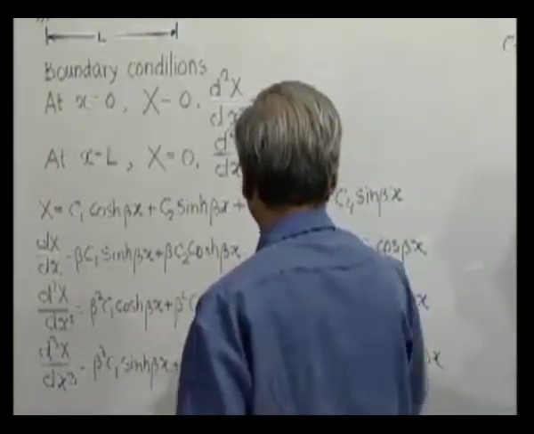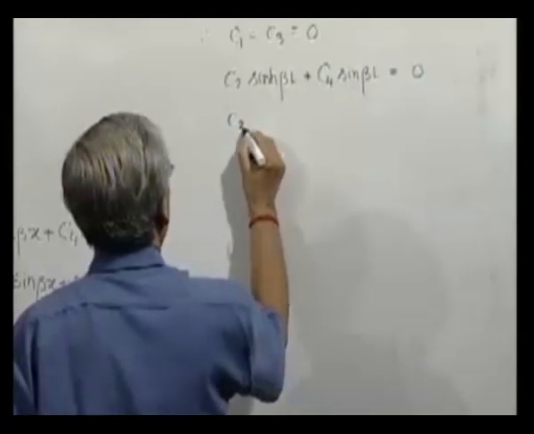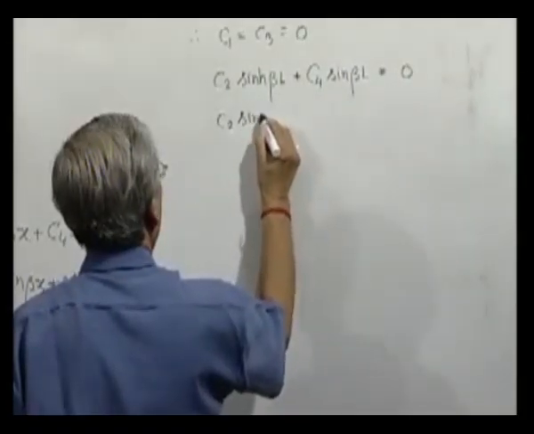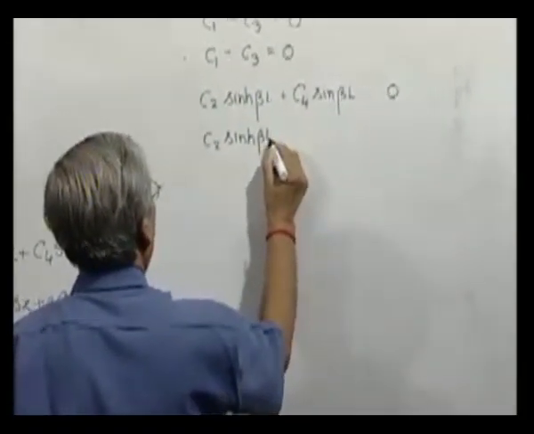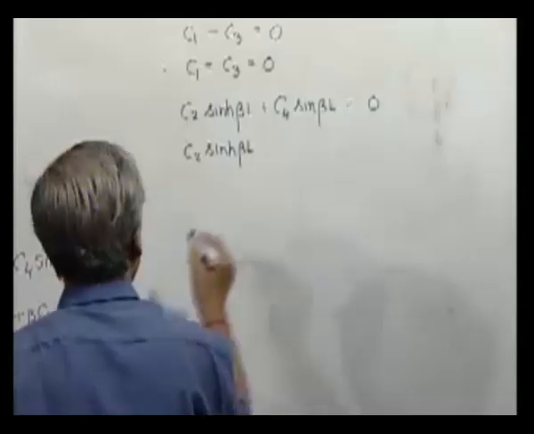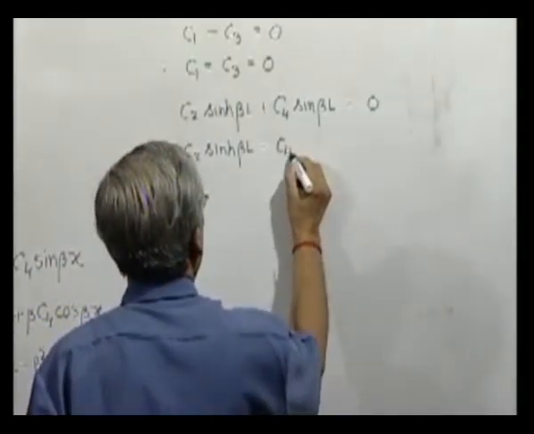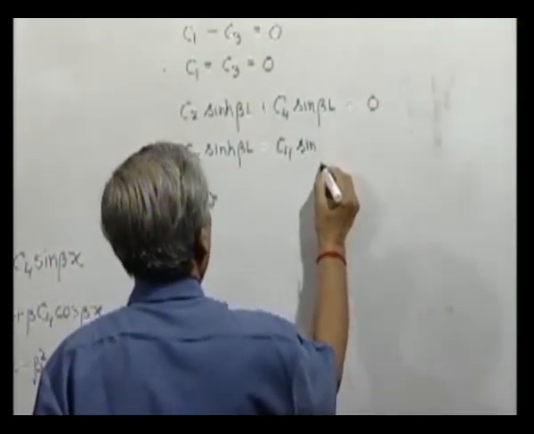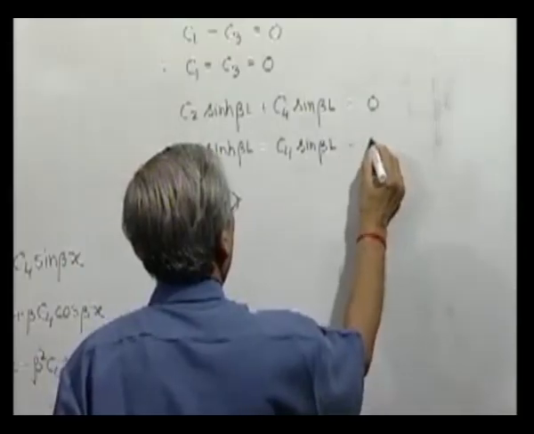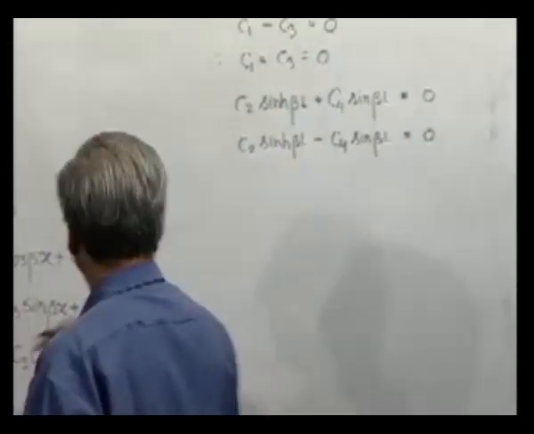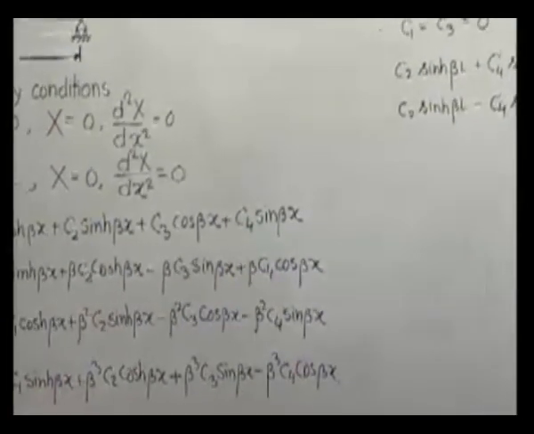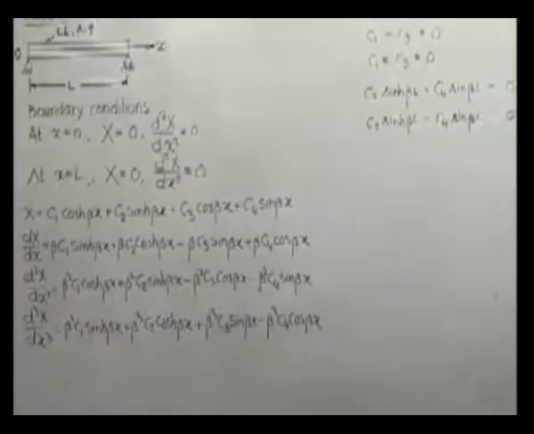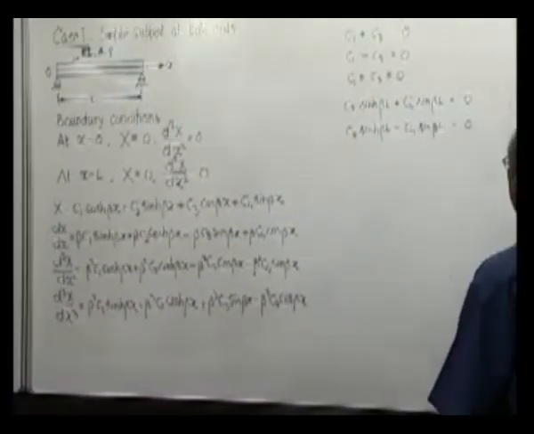beta square, if we take common, C2 sinh(beta L) minus C4 sin(beta L). This beta square which was common we have removed. Again we find that for a non-trivial solution, C2 and C4 cannot be all zeros, otherwise there is no vibration at all.